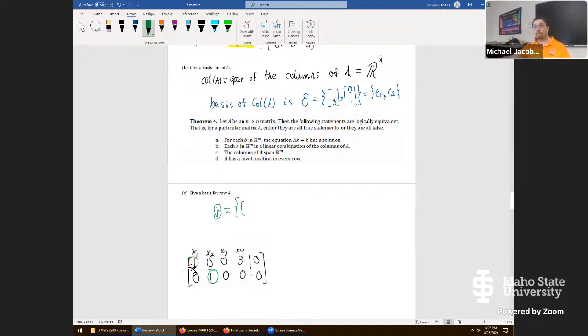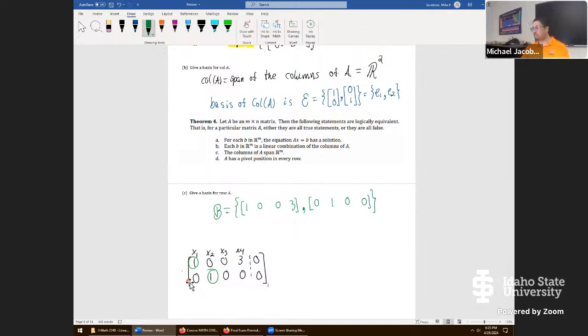Because it's a row space, I would format it as a row, which is now a 1x4 matrix. 1, 0, 0, 3. They definitely look weird. And then on the second row, 0, 1, 0, 0. So that's kind of nice.